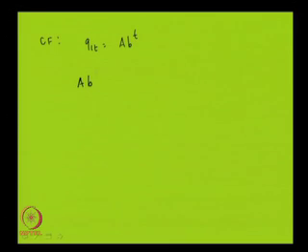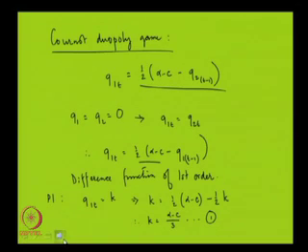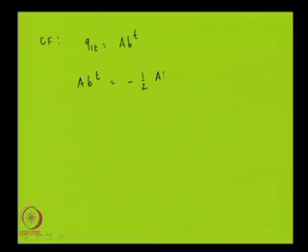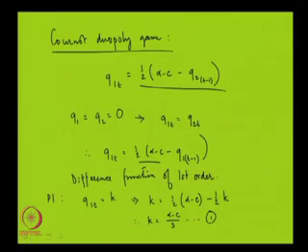What I get is the following: A b^t is equal to minus half A b^(t-1), because here the subscript is t minus 1, here it is t.